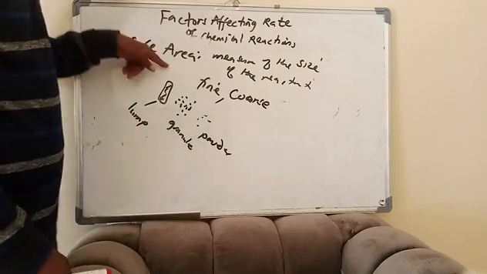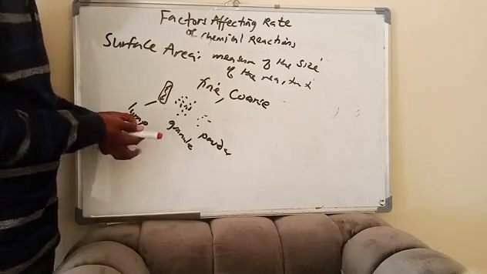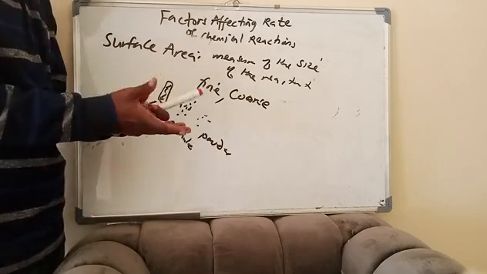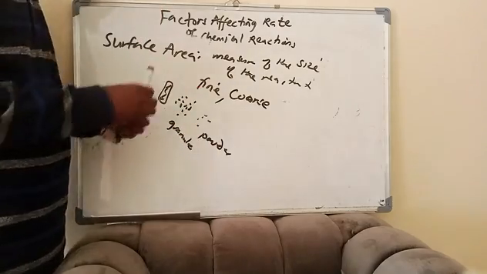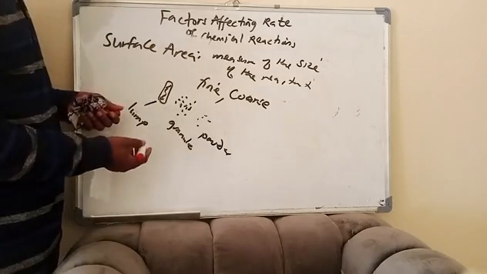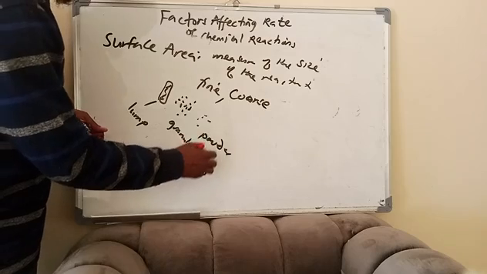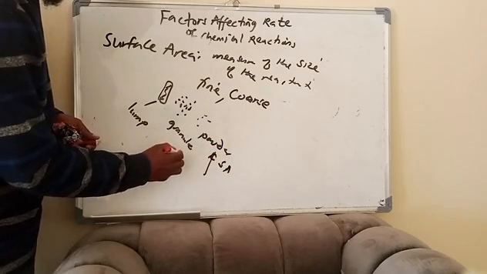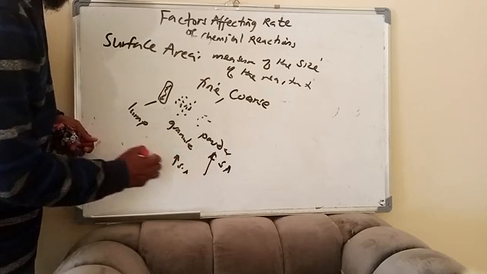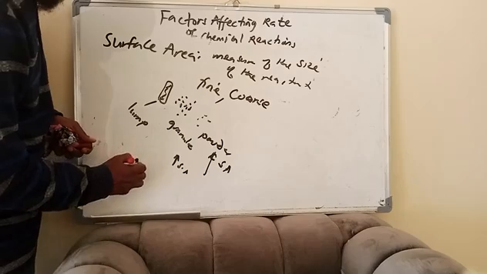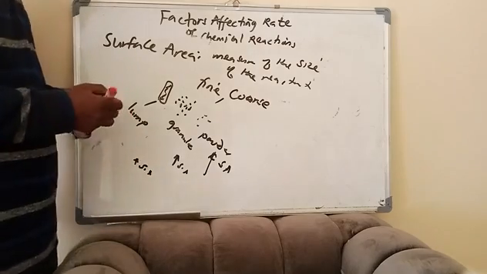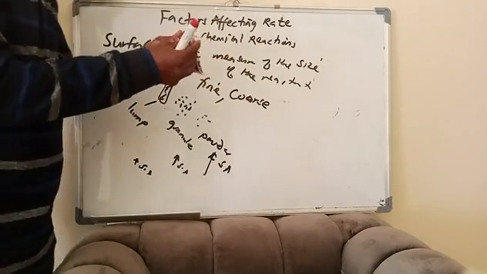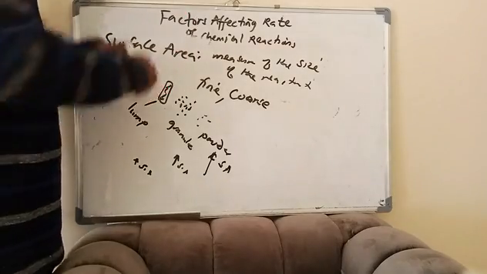Then in terms of surface area, the one that has the highest surface area is the powder, the finer one, the one that has the smallest size. So the smaller the size, the higher the surface area, which means the surface area of this is the highest. Then followed by this, then the least is the lump. You understand? So the finer the size is, the higher the surface area.